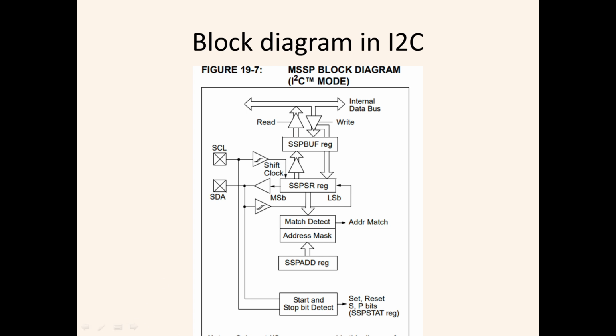This address register holds either a 7-bit or 10-bit address for your slave, and that is masked with your address mask register. If you are connecting multiple slaves altogether, these two lines are connected to multiple slaves, let's say slave 1, slave 2, slave 3 and so on. Because the communication is over these two lines only, SCL and SDA, isn't it?